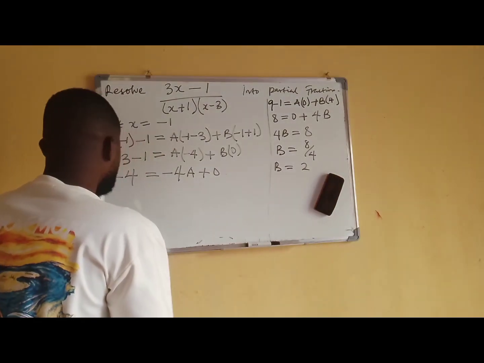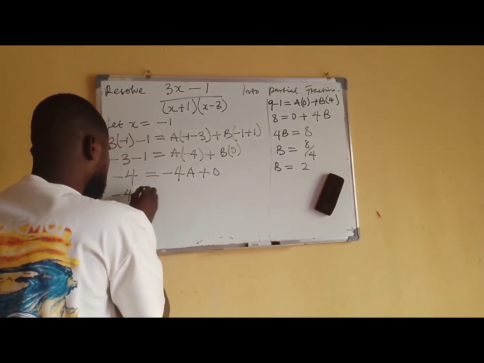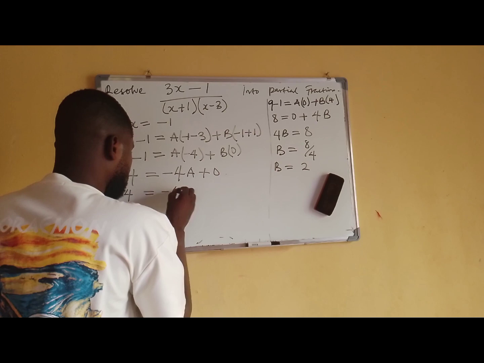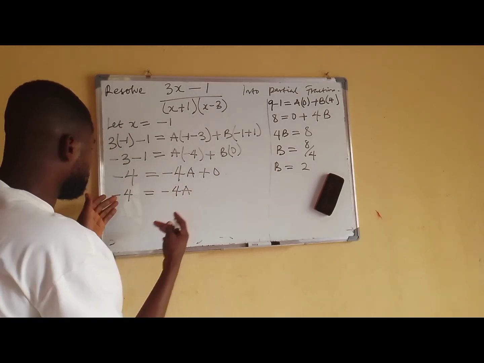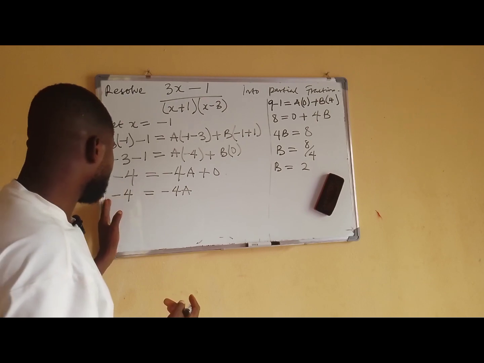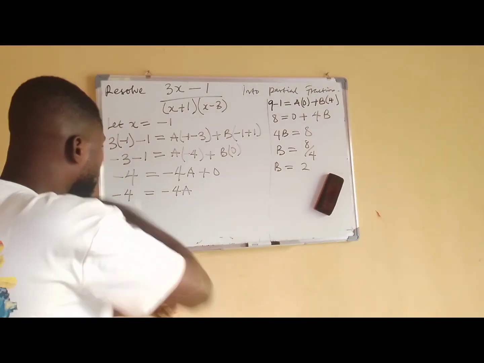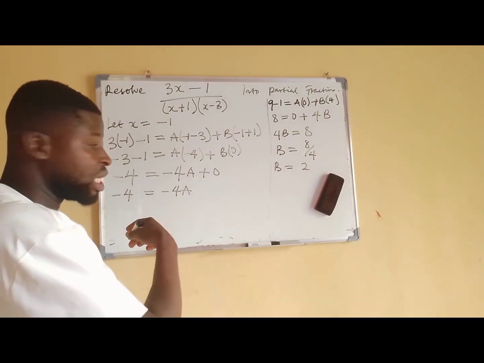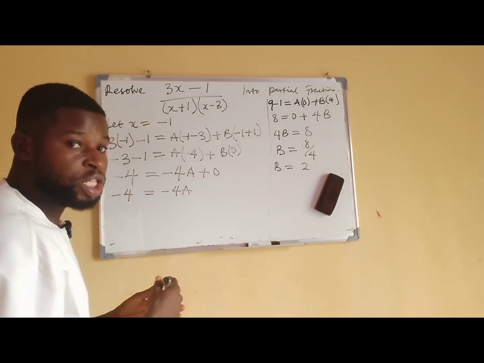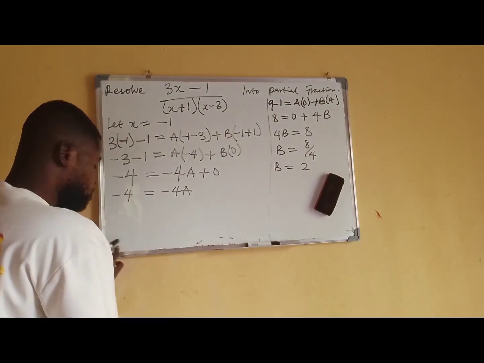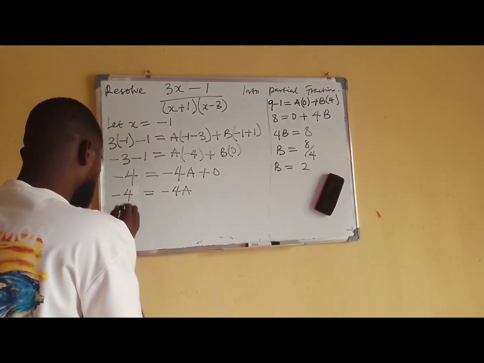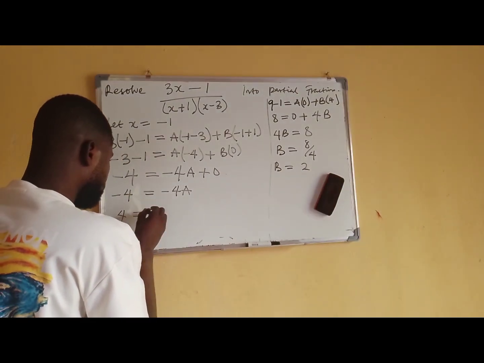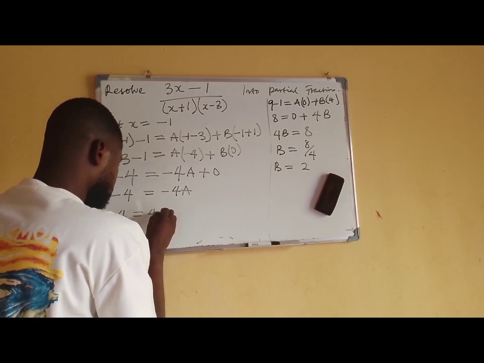Now you say minus 4 is equal to minus 4A. Watch both sides of the equation, you discover that this side is having minus and this side is having minus. When you multiply minus to both sides of the equation, all of them will change to positive, and now we'll be left with 4 equal to 4A.